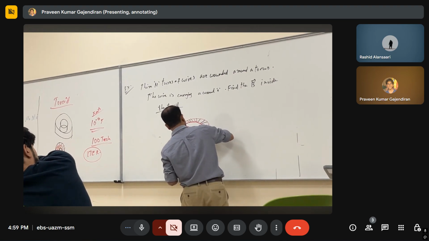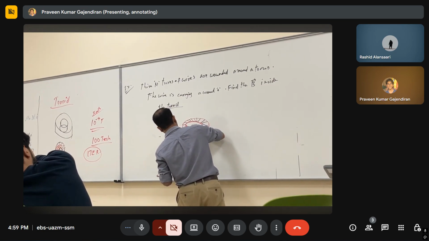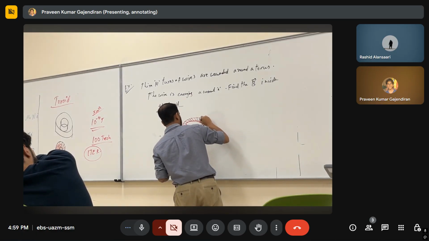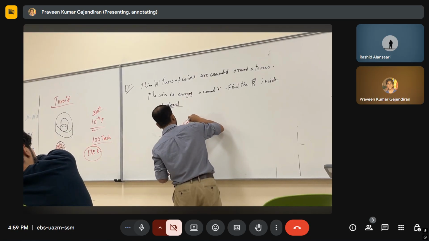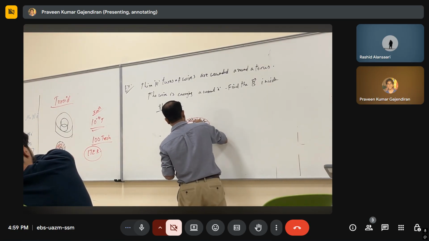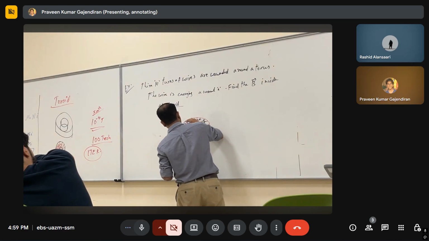You have some wires all there, and you can direct the current in this direction. You can have the other direction too. It's symmetric, so it doesn't matter which direction you pass it, and this will be going in reverse.